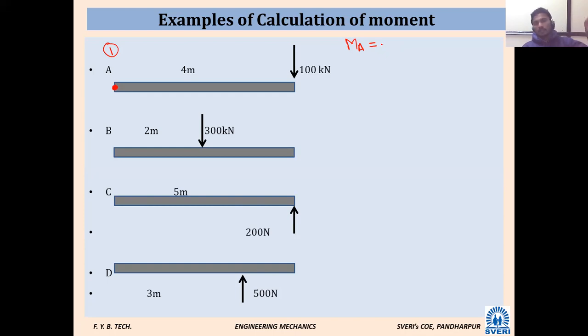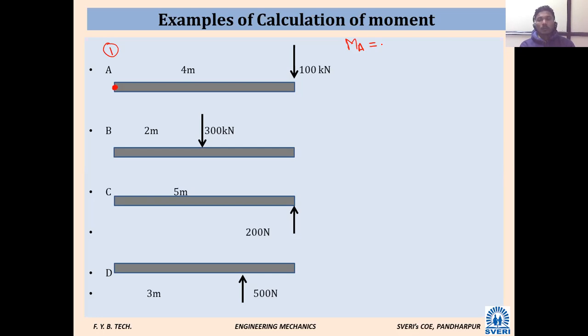How can you remember point A? Imagine you hold point A in your left hand. तुम्ही लेफ्ट हँडने पॉइंट ए ला पकडलेला आहे असं इमेजिन करायचं. You can imagine like this, and force 100 kilonewton is applied at point B. Then you have to imagine how this object will rotate. हे ऑब्जेक्ट कसं रोटेट होईल, clockwise or anti-clockwise? Clockwise.